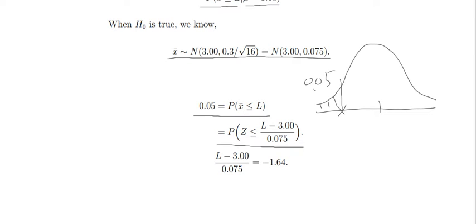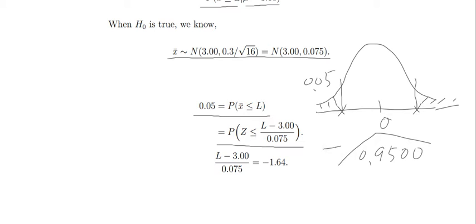Here, this cutoff point should be negative, so you have to check the positive part. Here also 0.05, then all the way down should be 0.95. So we should check 0.9500.